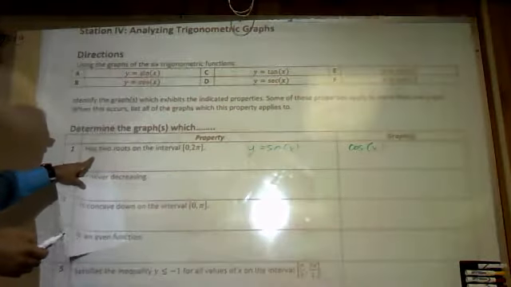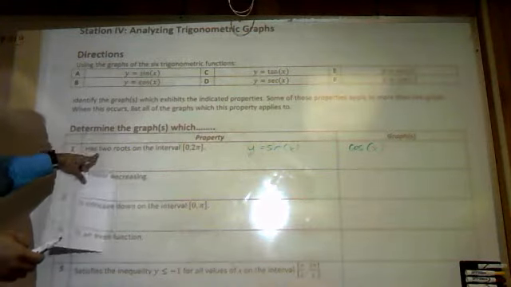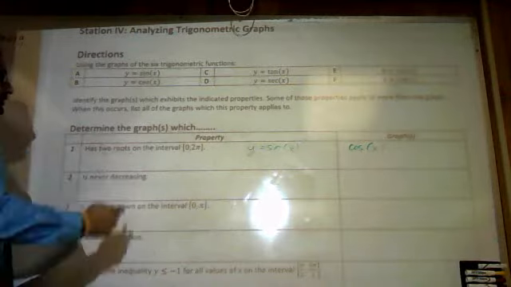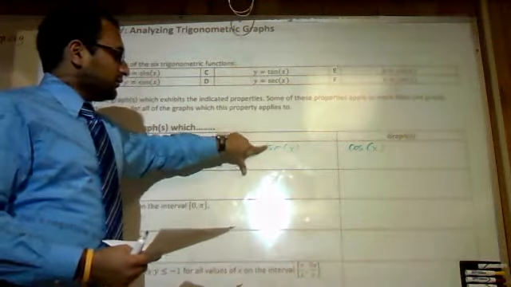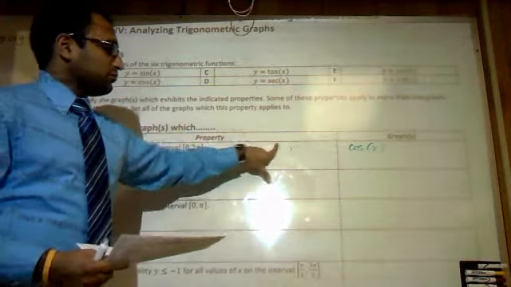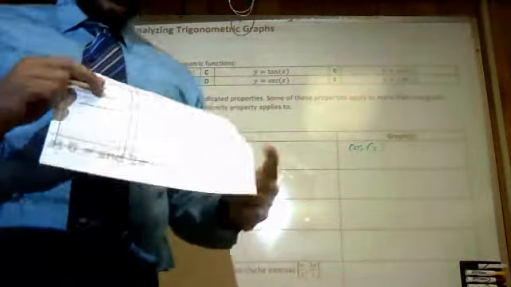The question asks us which of the graphs has 2 roots. It doesn't say it has at least 2 roots. So just be careful and make sure that you're reading it properly. We said y is equal to the sine of x has 3 roots, not 2.